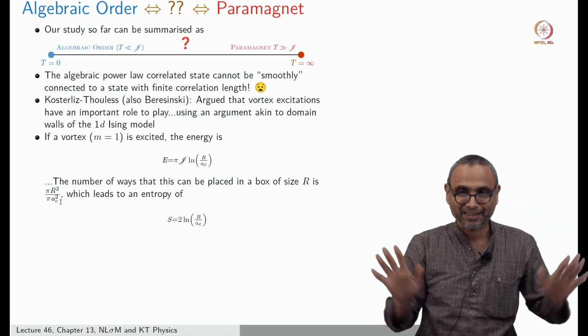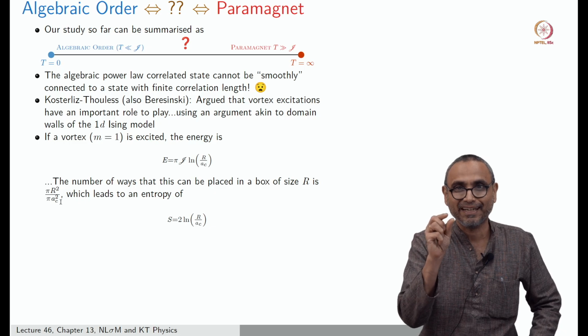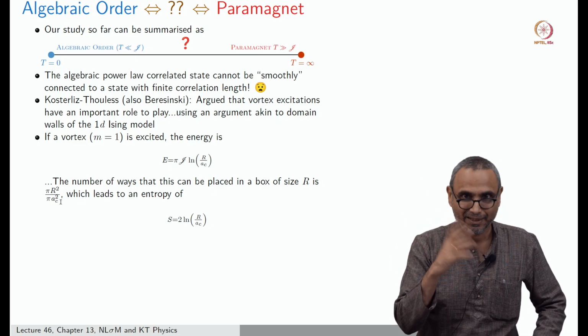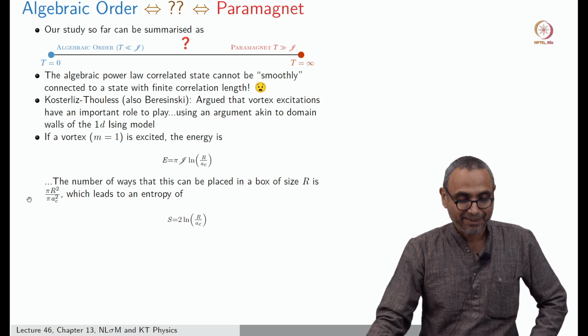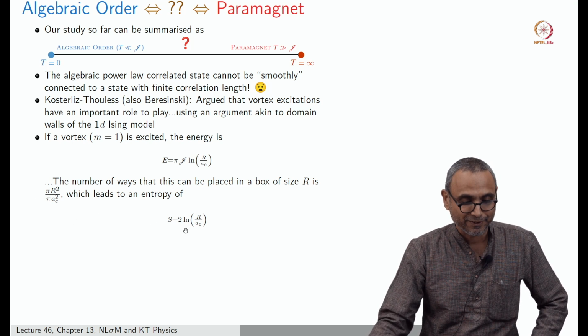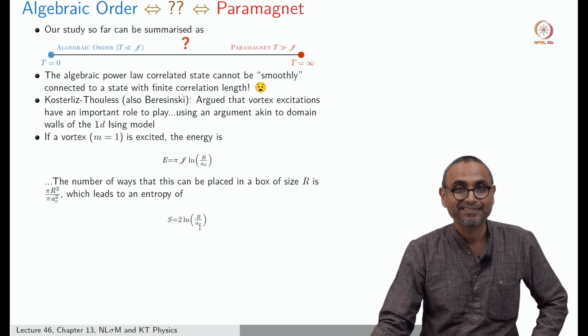I'm just counting how many little pieces of a_c squared there are in R squared area. That will give me a big number, and you will see that the entropy is simply the log of this number, which is 2 log R by a_c.